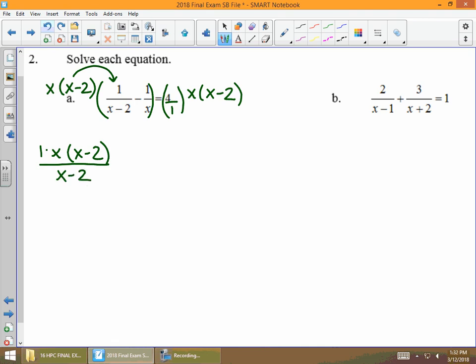So that first fraction was 1 over x minus 2. Minus in the middle, still a 1 on top, x minus 2. I'm multiplying this in here over just x equals 4 over 1 times x minus 2.